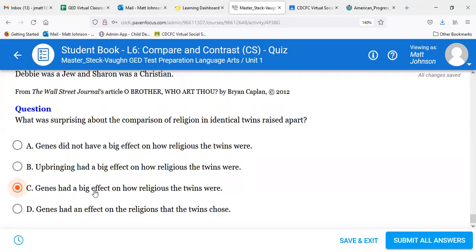But how devoted you are, how much you enjoyed it, how interested you were in the tradition and the religion, that was based on genetics. That was genes. So C as in cat for number 5. Genes had a big effect on how religious the twins were.